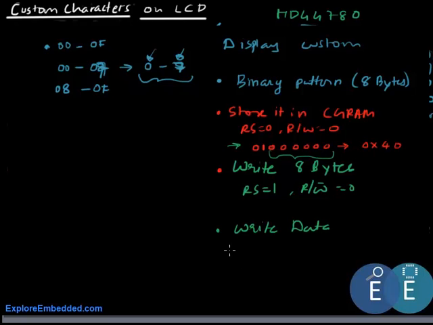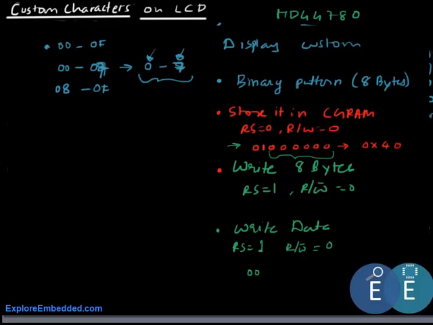Register select would be 1 since we are writing data, read write would be 0, and we send the value 00. If you do that, the first character is displayed.